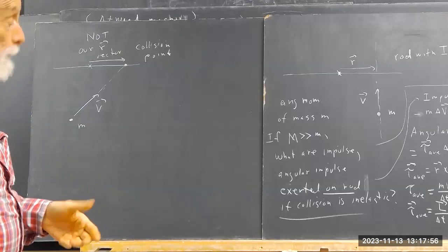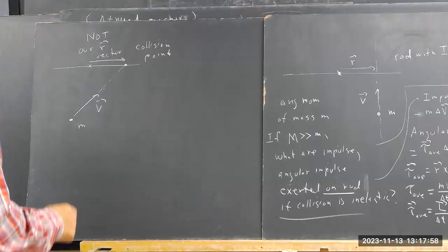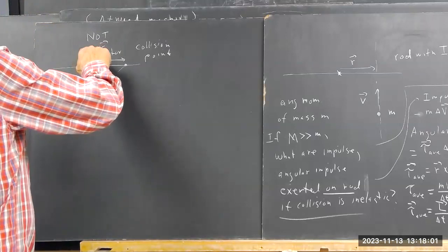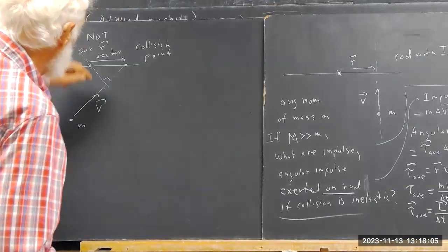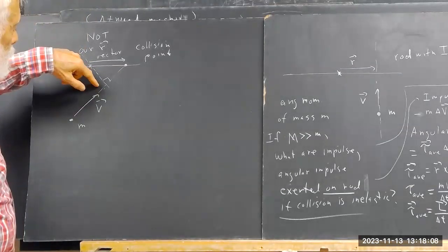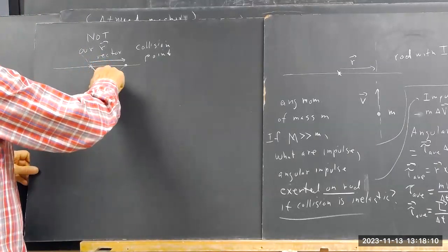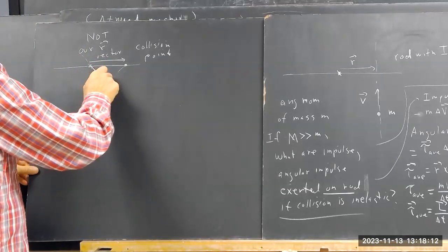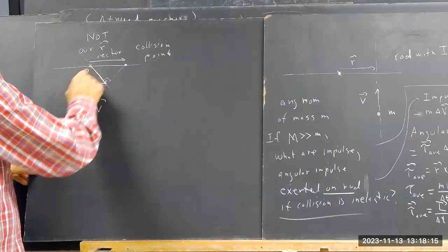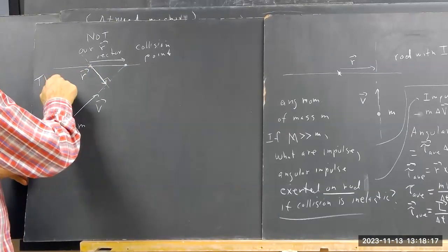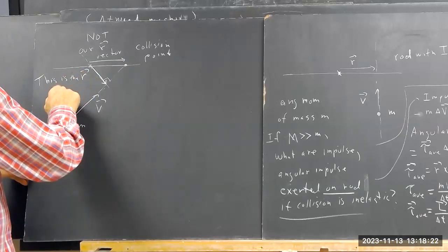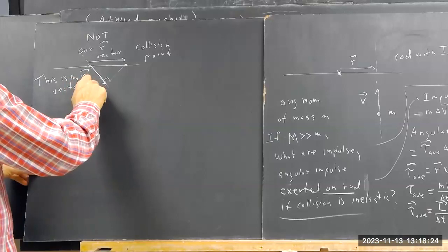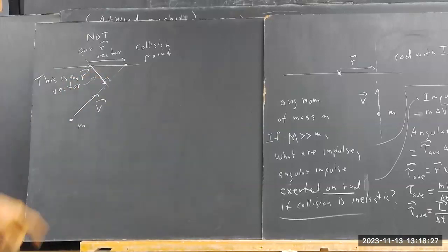Well, the short answer is, and I'll try to make sense of it, the R vector has to be perpendicular to the path of the particle. So this is our R vector. Right here's your R vector.